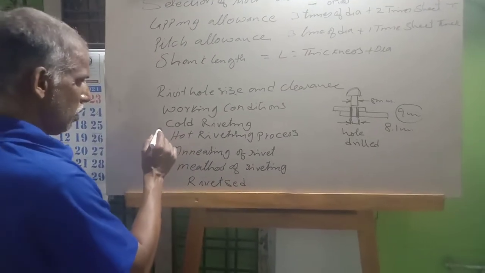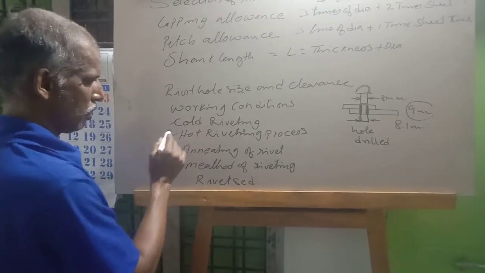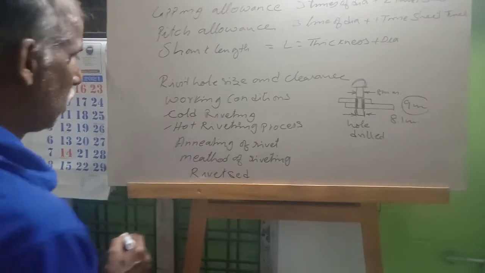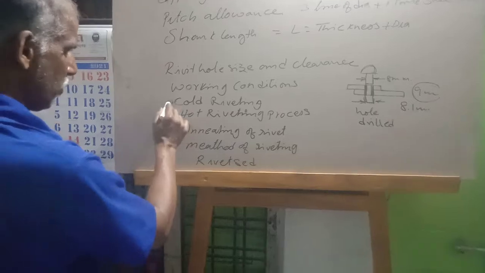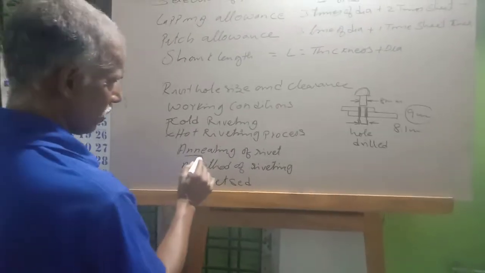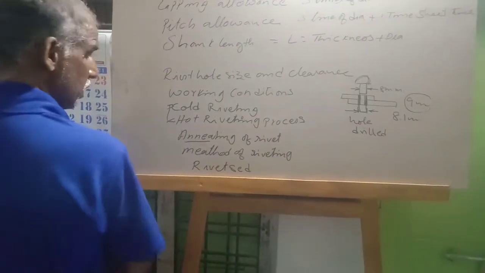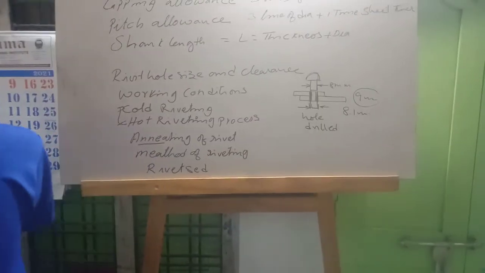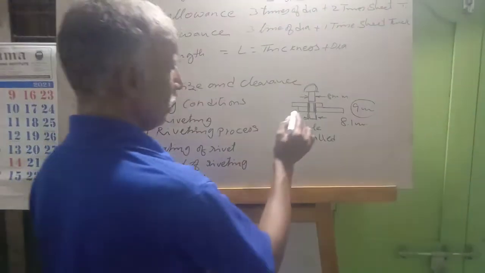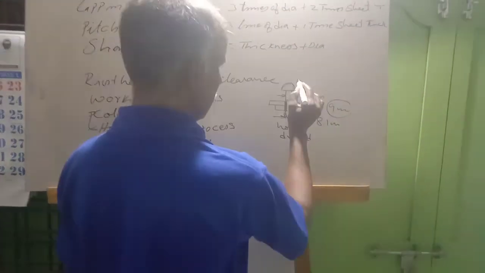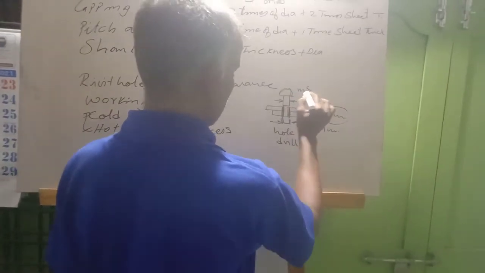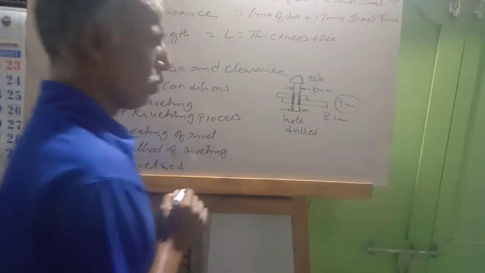Now we have cold riveting work and hot riveting work. Before we go to cold riveting and hot riveting, here we have annealing of the rivet. The metal we use for this rivet is MS. Sometimes it will be a brittle metal.